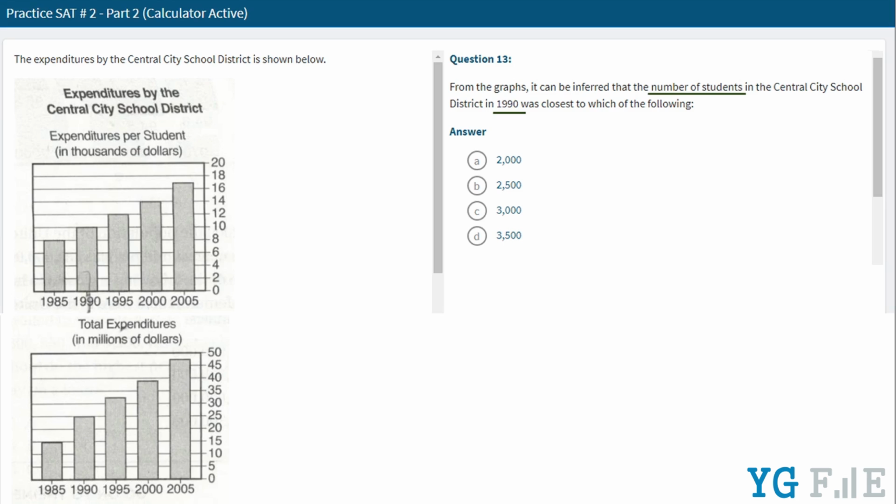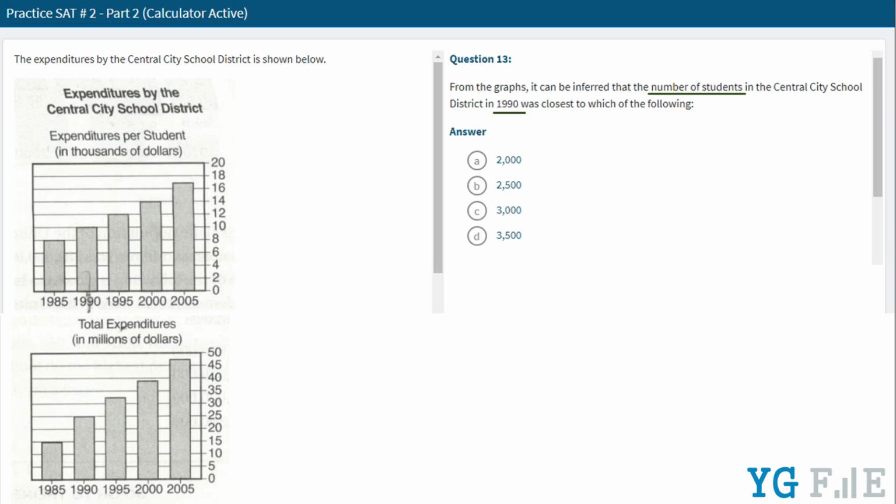The total expenditures of the district is the product of the expenditures of one student and the number of students they have in that year. So we will use the information from these two graphs to solve this problem.